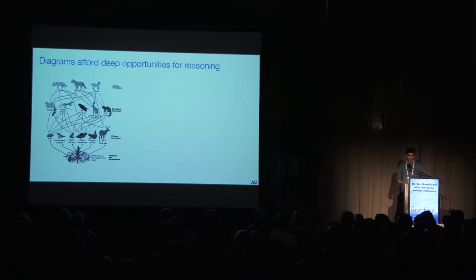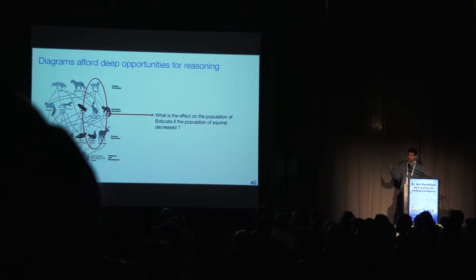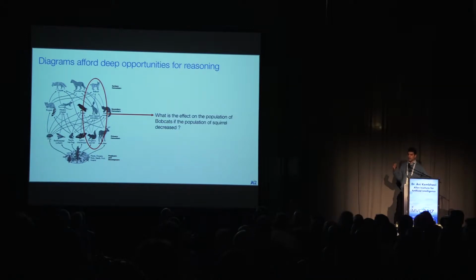And so now you can start answering questions and reasoning, such as a simple question like, which animal does the bobcat eat? But then you could also answer higher order questions requiring higher order reasoning. For example, if the population of squirrel died out, what happens to bobcat? And so now you have to understand who eats whom, and what does eat mean, and what happens to populations when food reduces.